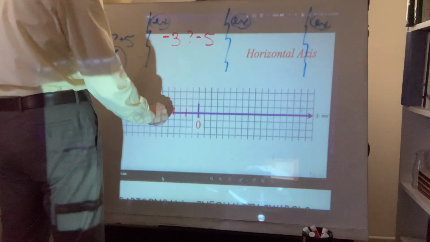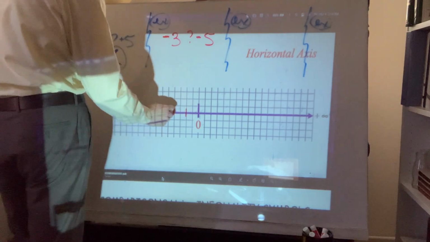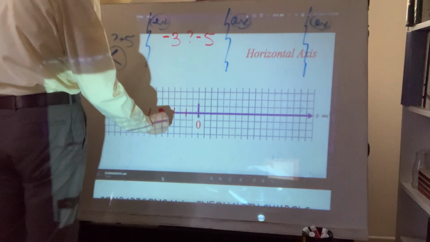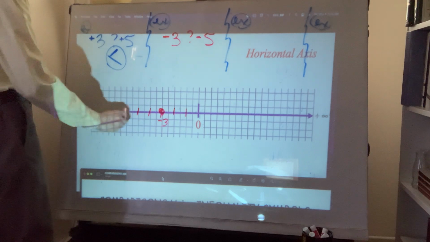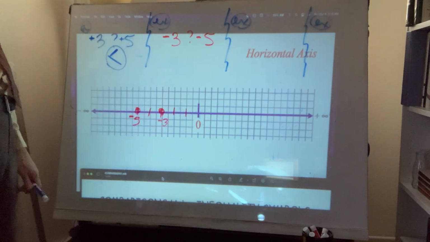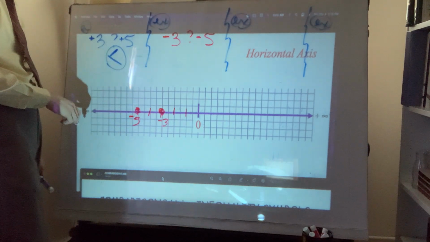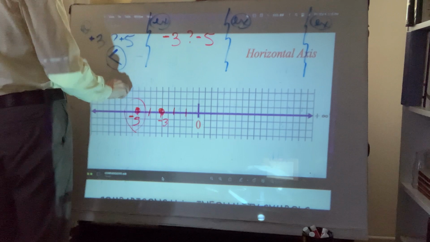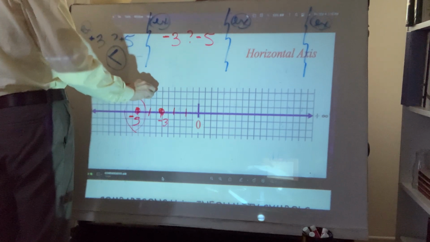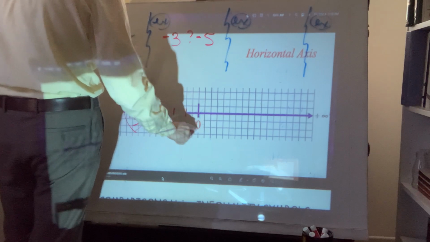I'm going to make this a little bit smaller just so it fits. 1, 2, 3. Negative 3 would be located here in relation to 0. And negative 5 would be located here in relation to 0, its reference point. Which one is further away? This is farther. This is closer to 0.